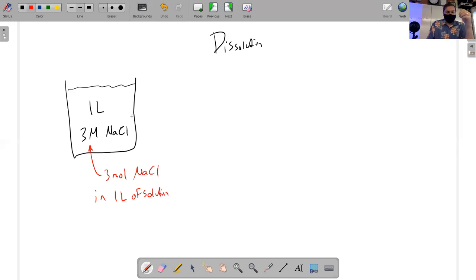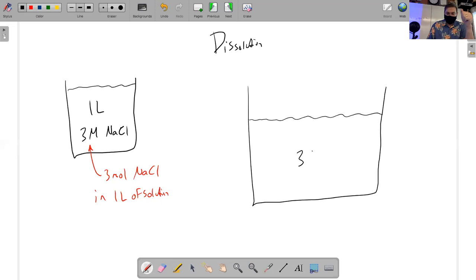So what if I take that 1 liter volume of 3 molar NaCl and I dump it into a container that already contains 3 liters of just pure water? So if I decide to take this solution, which has some sodium chloride in it, and dump that into pure water, there's 2 changes. Well, there's one thing that doesn't change.